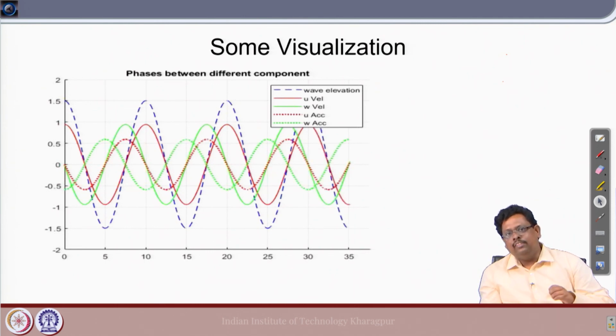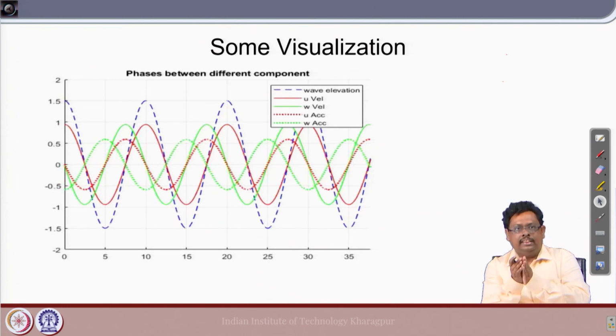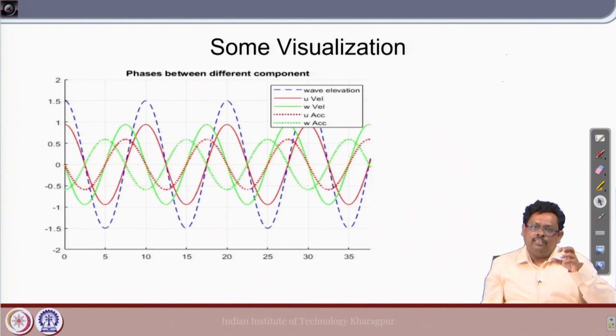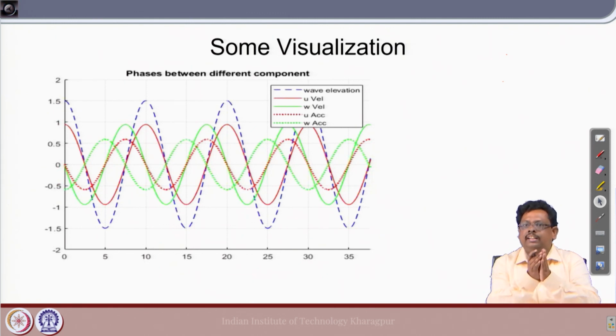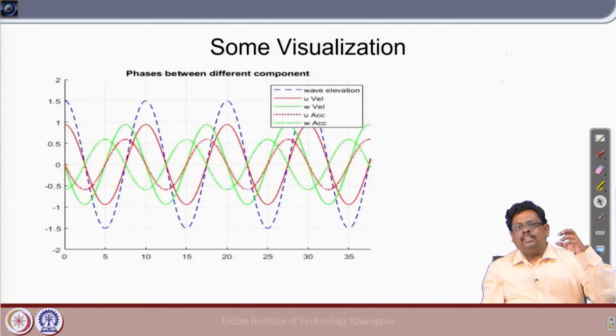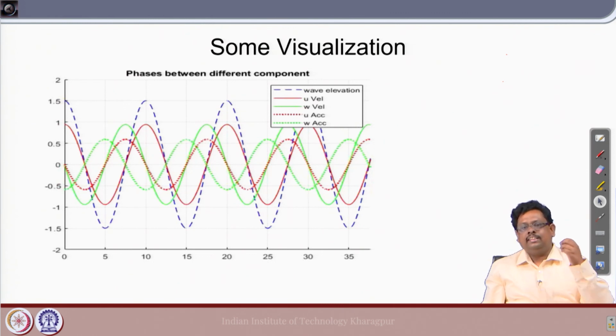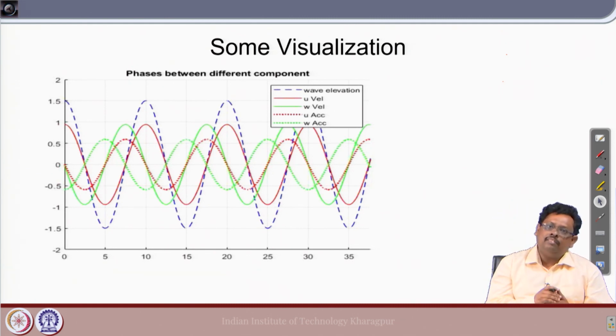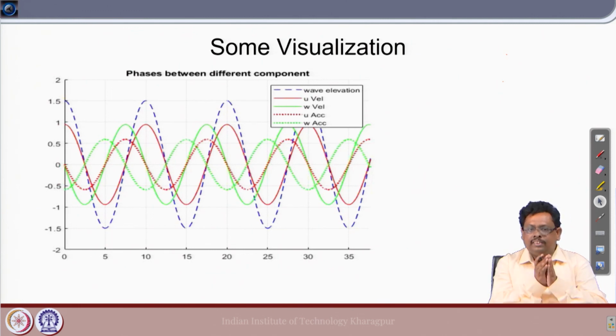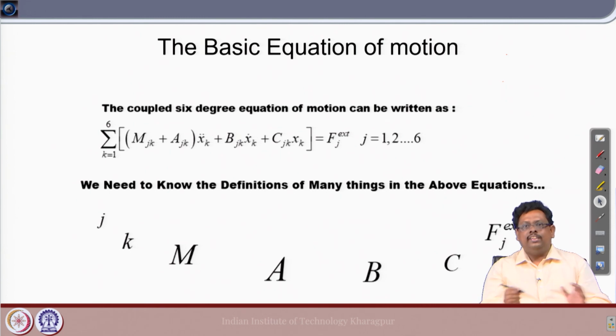This tells you the importance of the phase, not necessarily that all the forces peak at the same time, because sometimes when the u velocity is maximum, the w velocity is not maximum. When the acceleration in the horizontal direction is maximum, the acceleration in the vertical direction is also not maximum. So, this visualization helps you understand the importance of the components of the forces, because all the forces do not become peak at the same time. Now, with this let us finish here.